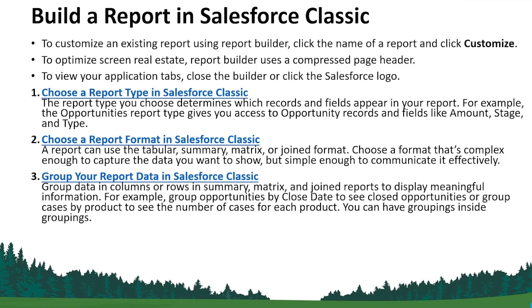Now you have the different application tabs. For the different application tabs, you close the builder. You click on the Salesforce logo so that you can get the different applications that you have formed. So these are the steps for opening or choosing a report. Firstly, you are choosing a report type in Salesforce Classic. The report type will tell you which records and which fields will appear in your report.